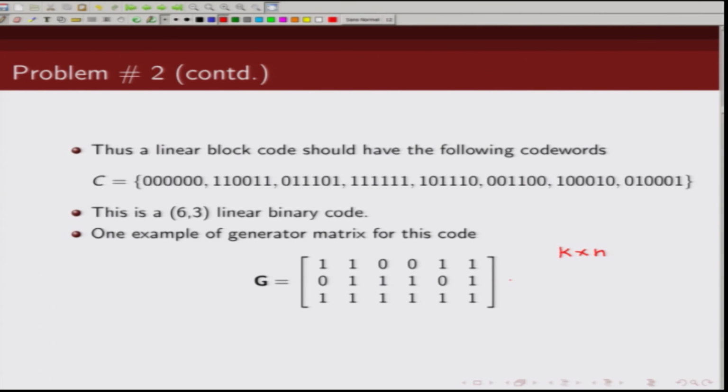I just took V1, V2 and V3, and you can verify that the rank of this matrix G is 3, it is full rank. So, this generator matrix will be able to generate this set of code words.